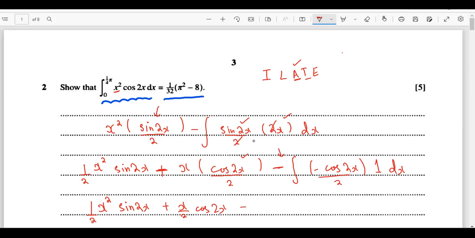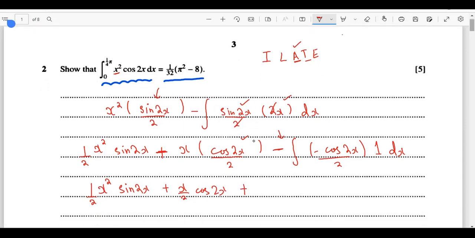So it would become plus, and what is the integration of cos 2x? Cos 2x is 1 by 2 sine 2x. When we are integrating cos, we are not adding a negative. But it already has a negative, right? So negative cos 2x, yes, that is true. So the negative would become positive.